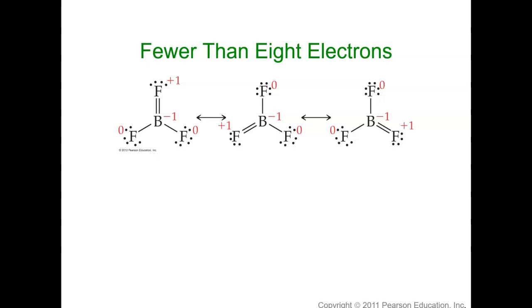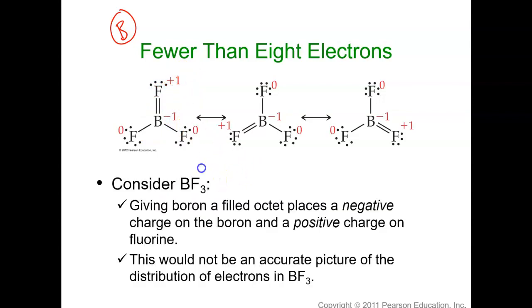Now, how about those electrons that take less than 8? So they don't follow that octet rule. Well, one of those atoms is boron. So let's look here. So here's boron, and here I am giving it 8, right? You can see here's the formal charges like we just found out. So here's where I can draw these formal charges.